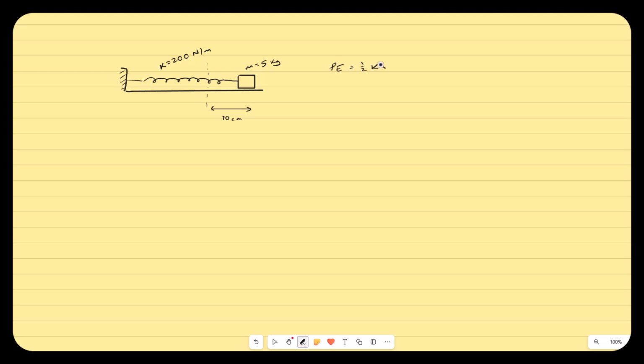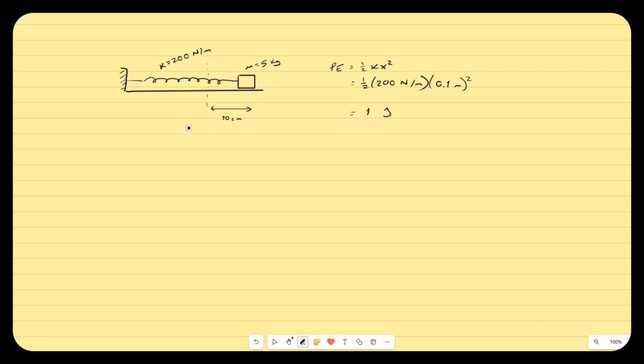My potential energy is half k x squared. So I get a half times my 200 newtons per meter times my x, which is the distance from equilibrium, so 10 centimeters, 0.1 meters, squared. Half of 200, that's 100. 0.1 squared is 0.01. 100 times 0.01, that is 1 joule. I didn't need the mass because the mass isn't what determines the potential energy.